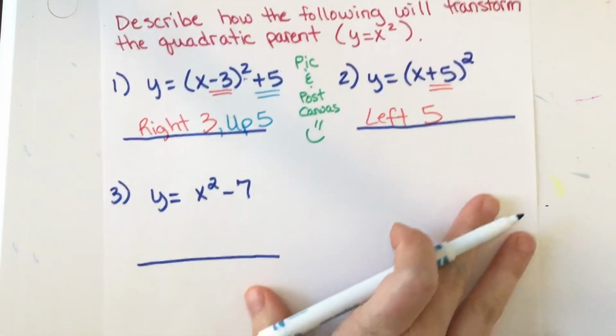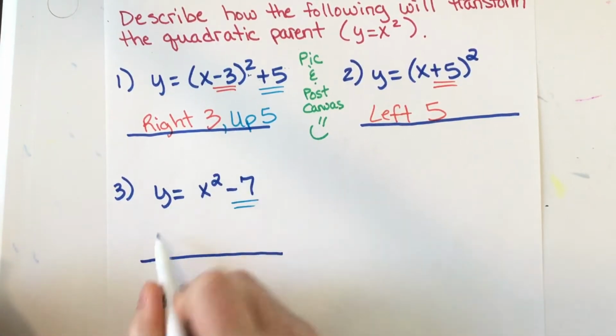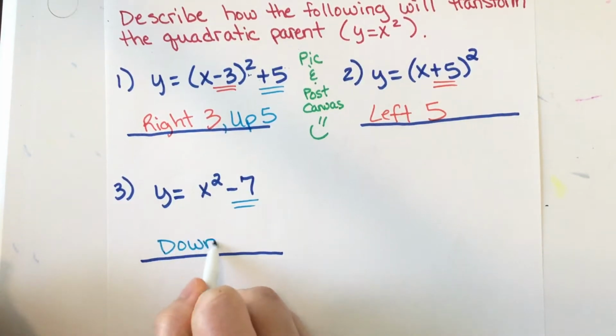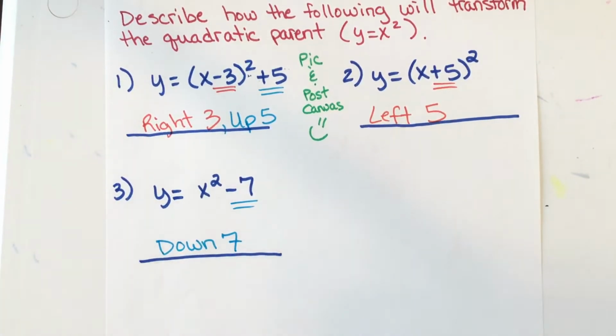And number 3, the -7 in the back makes the graph go down 7. So those are the answers you should have got for the 3 problems that I asked you to try, based off of our last lesson when we were discovering with our calculator the different transformations that quadratics can make.